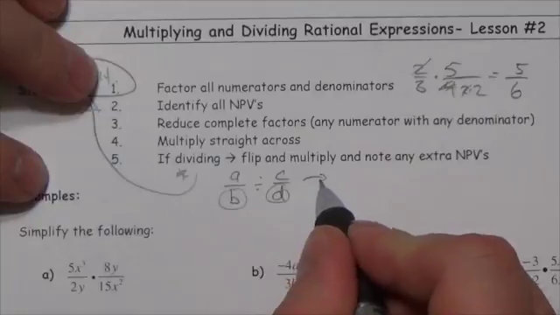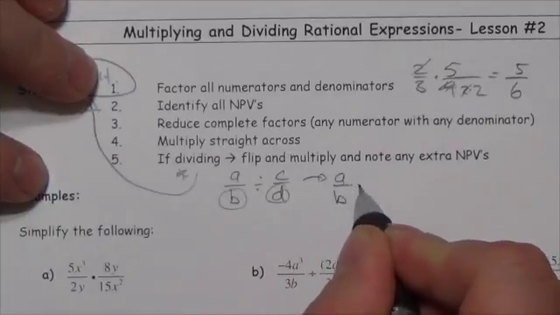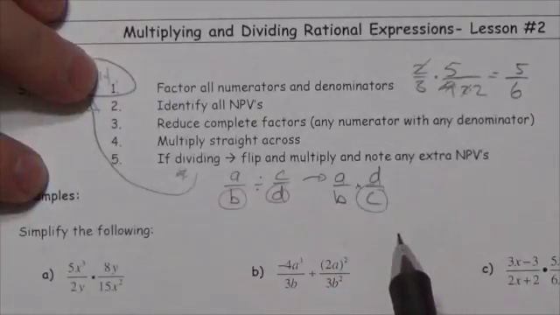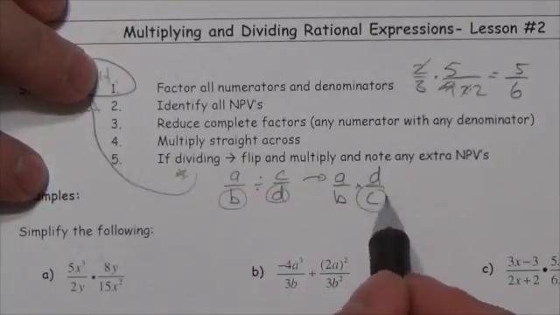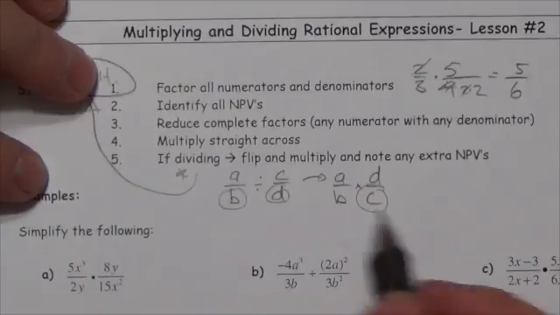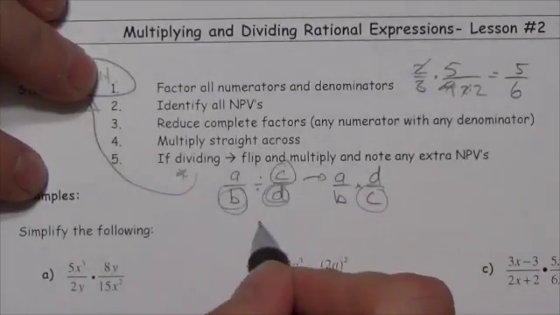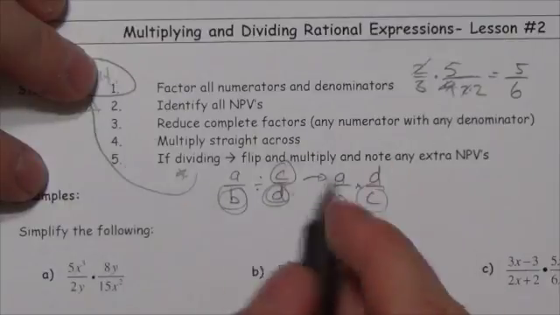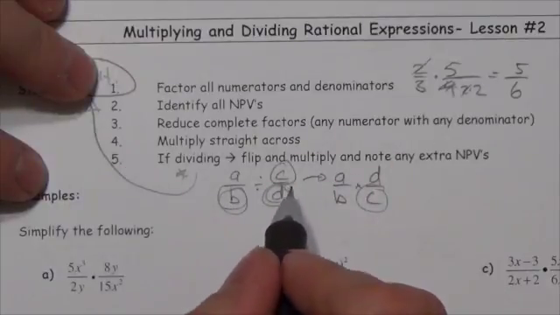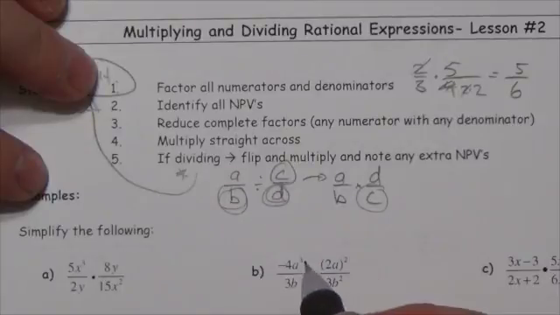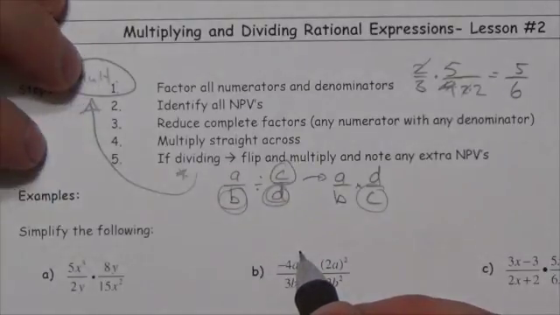However, when we change this into a multiplication problem by multiplying by the reciprocal, now all of a sudden C is in the denominator as well. So C could possibly produce a non-permissible as well. So in a division statement, our non-permissibles are actually going to come from these 3 places. In a straight multiplication, it's just the denominators. But with a division, we have to consider all 3 of these different positions as producing non-permissibles.